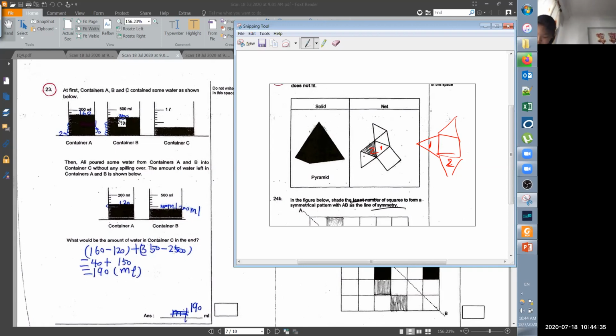Is the answer this one? Doesn't seem so. If this is your two, this can be your three. Then this is your four, so it means this is your odd one out. You can cut a piece of paper out like this and you can test yourself.